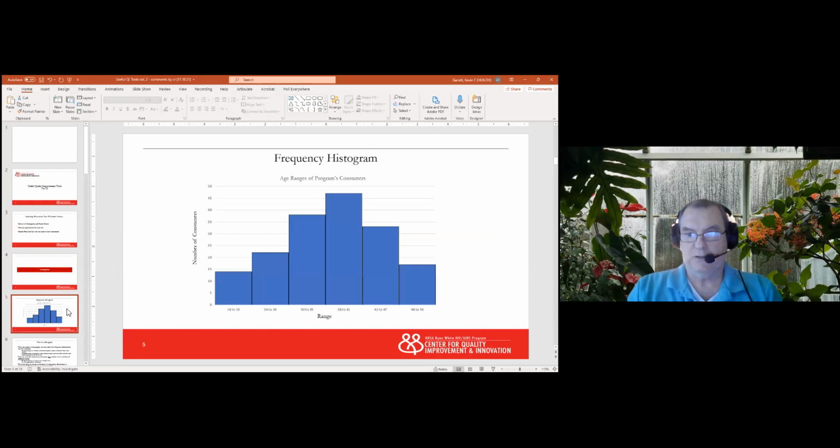That is a typical histogram. So the bars show the frequency of occurrence as opposed to how many. It translates to how many, right? So if I look at the big bar here, ages 36 to 41, I have about, let's say, 47 people that are aged 36 to 41. That tells me something, okay?